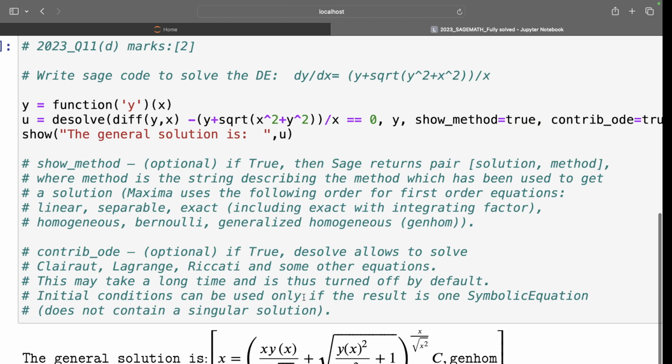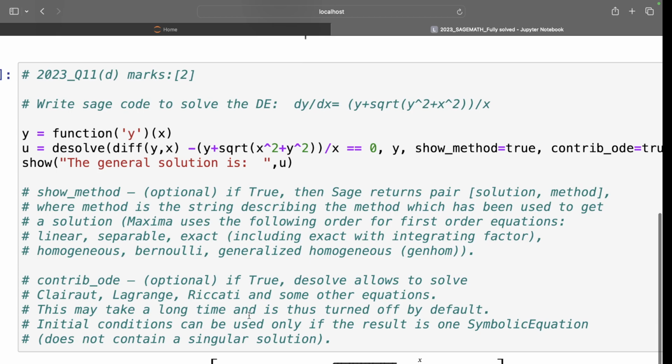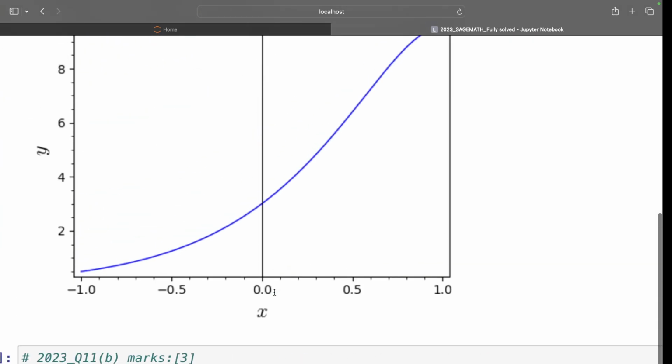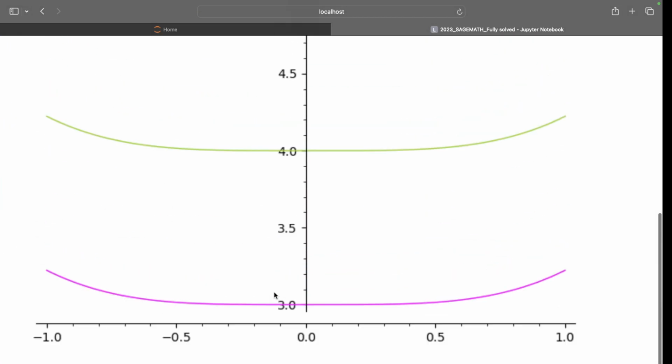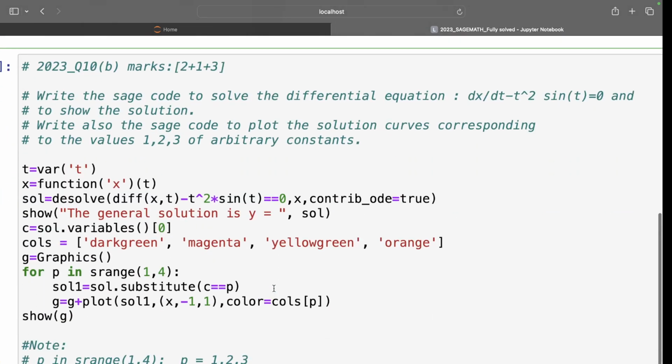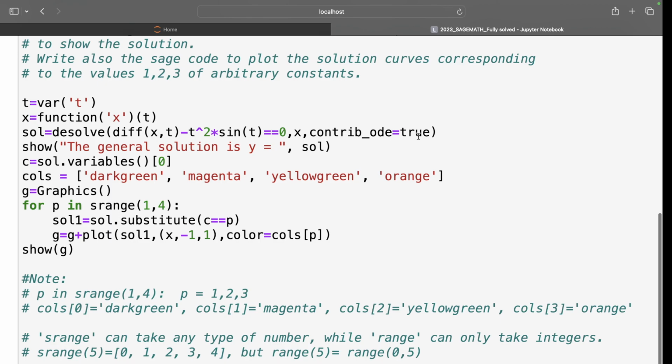Initial conditions can be used only if the result is one symbolic equation and does not contain a singular solution. So if you want it to solve these Clairaut, Lagrange, Riccati and other equations, set contrib_ode equal to true.